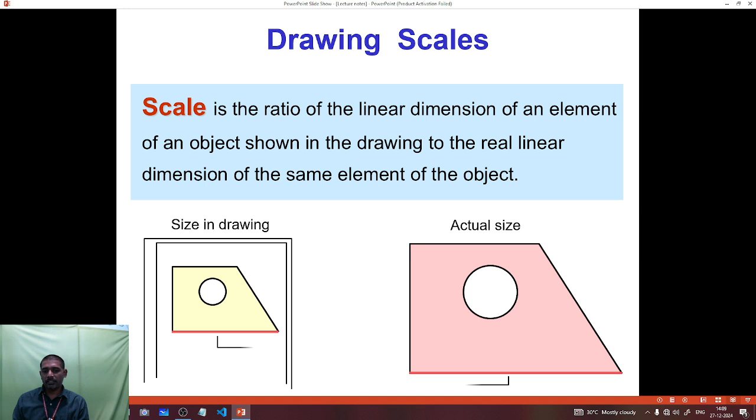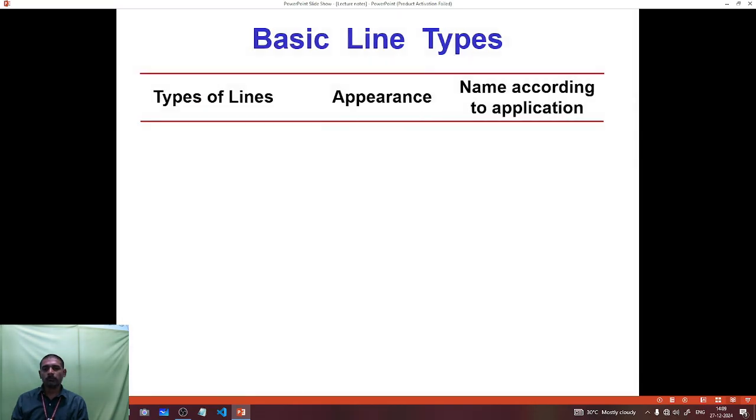So the scale is represented as 1:10 (1 to 100 in this case). 1000 mm we can't develop in the drawing sheet, so instead of 1000 mm we are able to draw 10 mm. It is easily understandable.